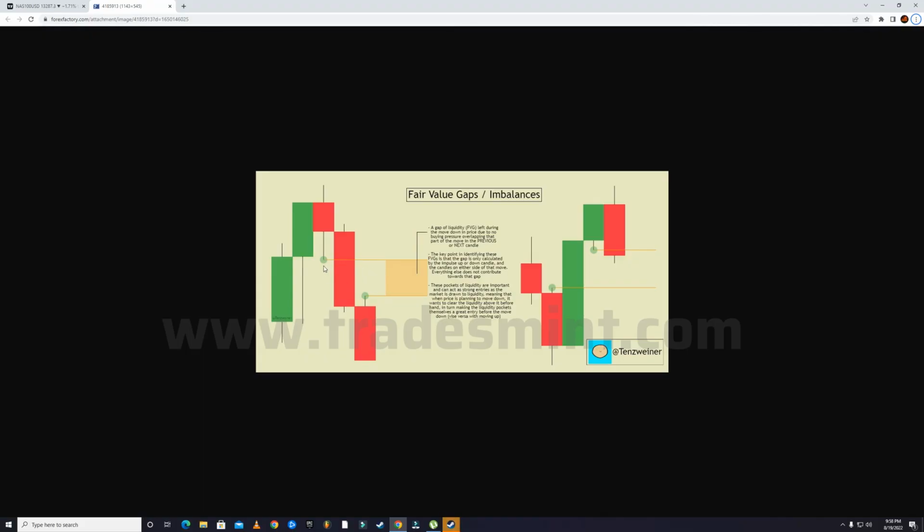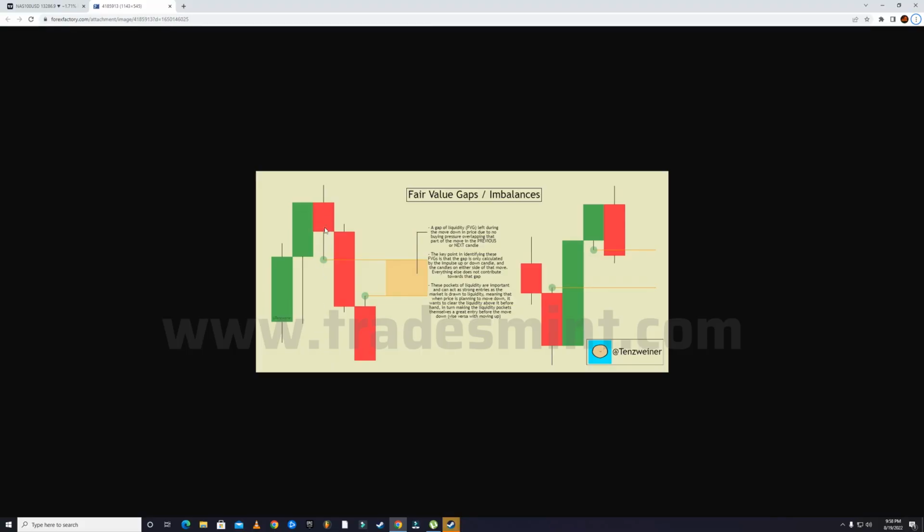I will repeat. You can see that price went up and then we had three candles. Okay, so this is like a three candle pattern, you could say. So you can see 1, 2, 3 candles, and in between those three candles there should be a gap. Okay, so how do we determine a gap? If we are looking at a short position, we're gonna look from the first candle.